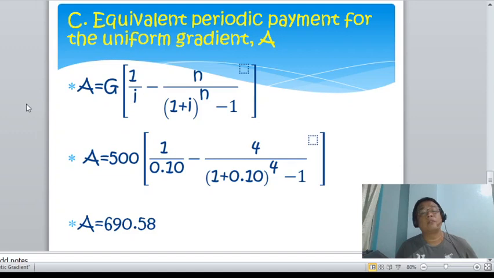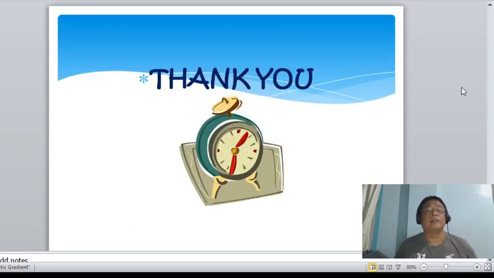Okay? Substituting values now, the value of the uniform or the equivalent periodic payment is equivalent to 690.58 pesos. Okay?